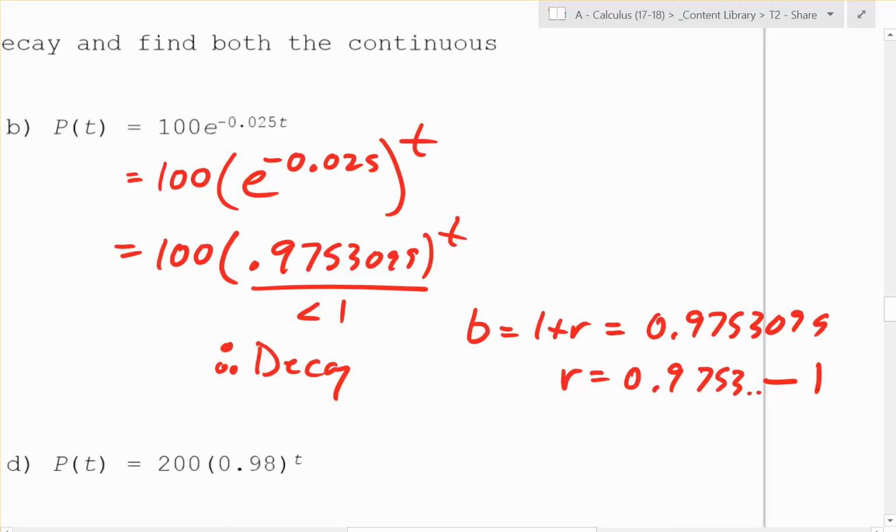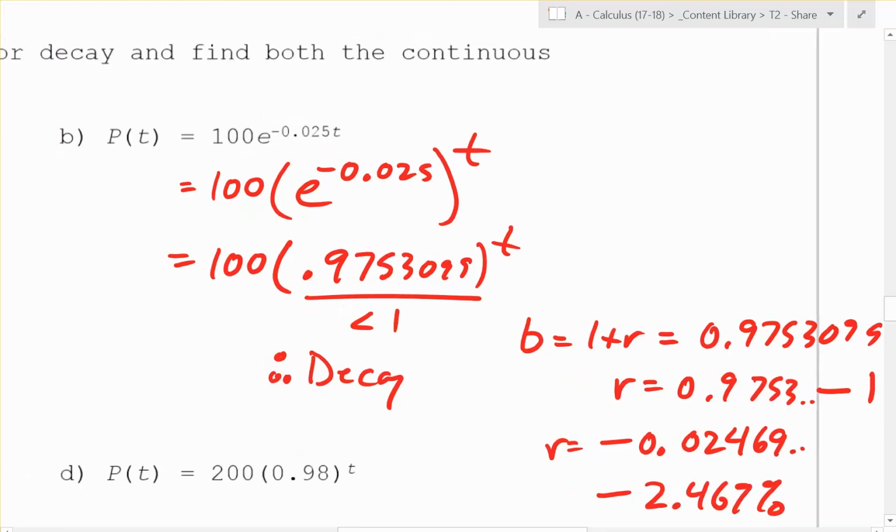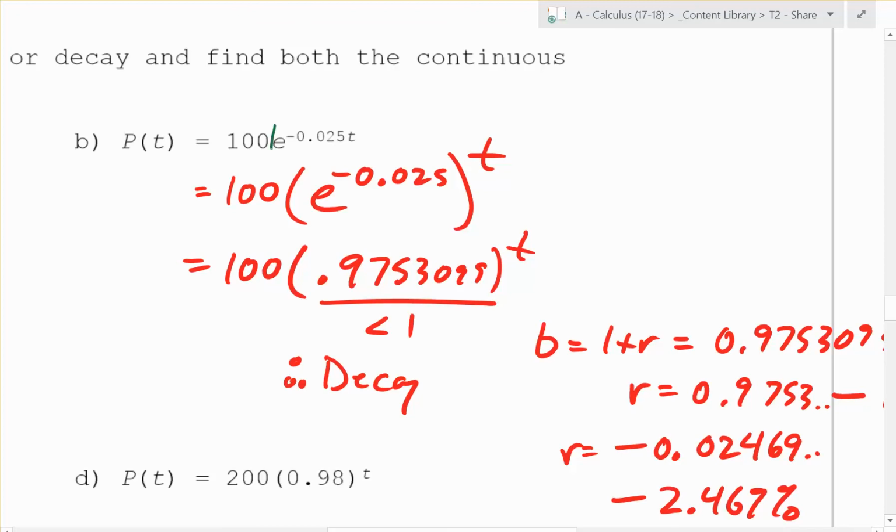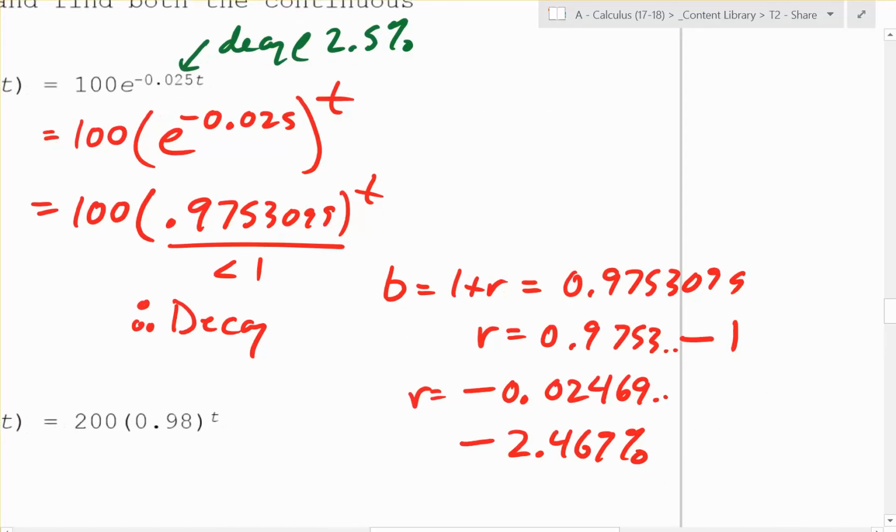So if you subtract 1 from that, you end up with negative 0.024690, which means our rate was negative 2.469%. So what does this mean? It means that if you continuously decay at 2.5%, that's the same as a regular once a year decay rate of negative 2.469%.